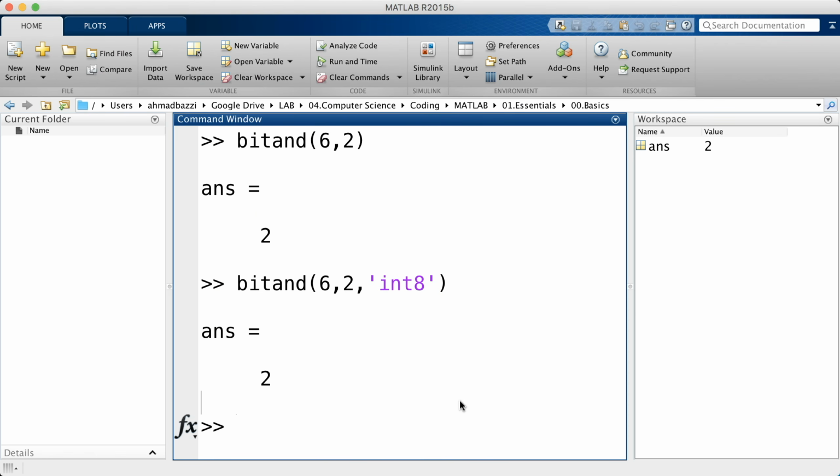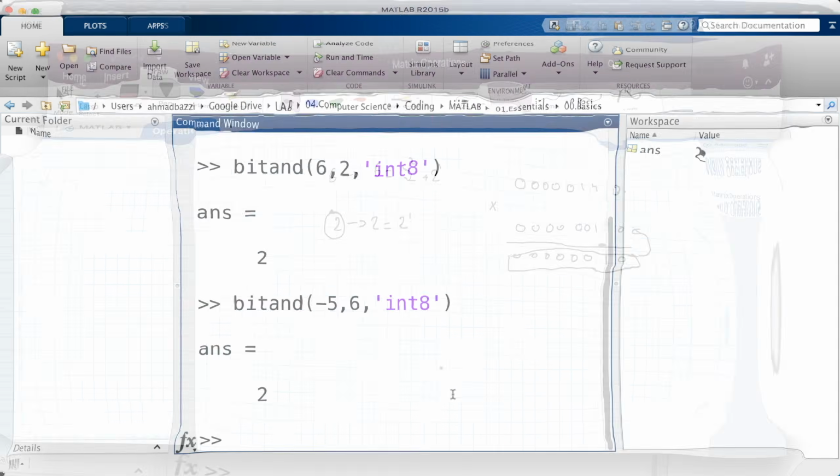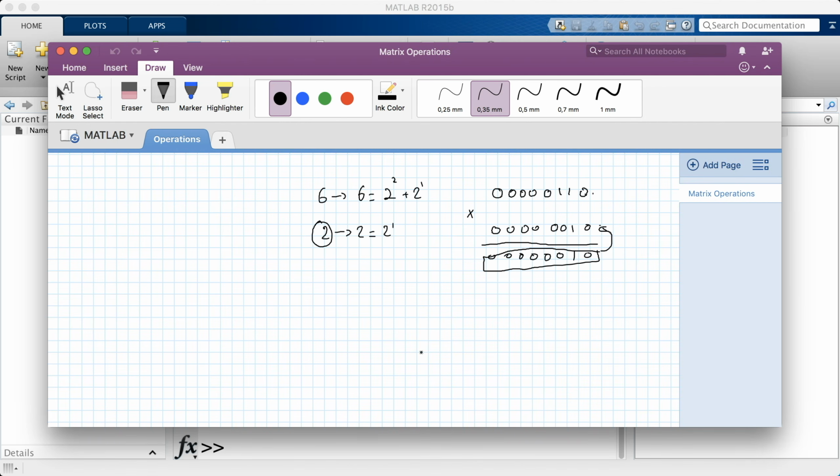Now let's say you're working with negative numbers, I don't know, minus 5 and 6 for example, you get 2 again. What just happened? Negative numbers are represented in MATLAB using 2's complement. So minus 5 in 2's complement format will be represented as follows. 5 is written the traditional way. It's 2 to the power 2 plus 2 to the power 0.